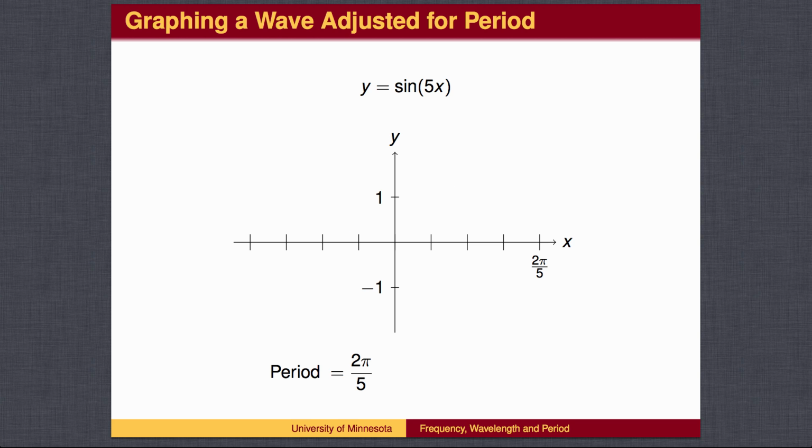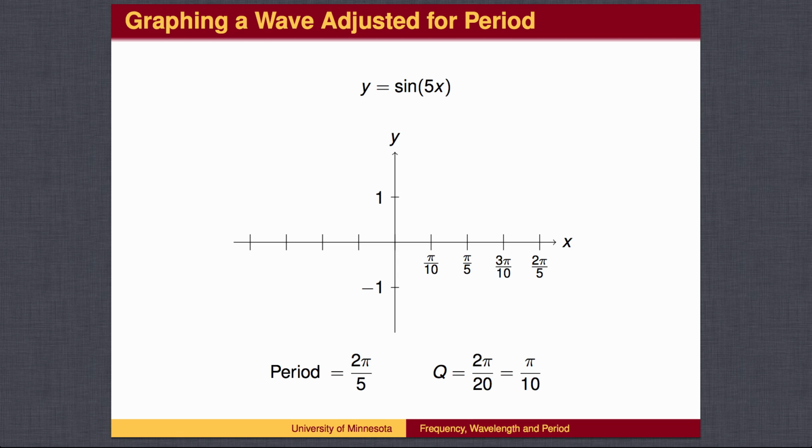To draw a graph of y equals the sine of 5x, we begin with the period, which is 2 pi over 5. We will divide 2 pi over 5 into 4 equal parts, each of which is 2 pi over 20, or pi over 10.